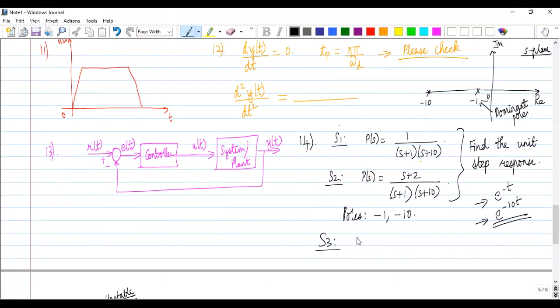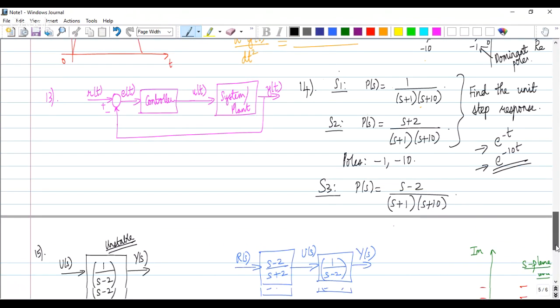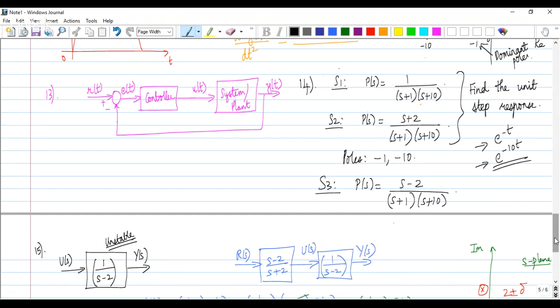As a third problem, consider a plant transfer function (s minus 2) divided by (s plus 1) times (s plus 1). Please do this and convince yourself. You will see that when you have a pole in the right half plane, the system output will start in one direction and then go to the other direction. Okay.